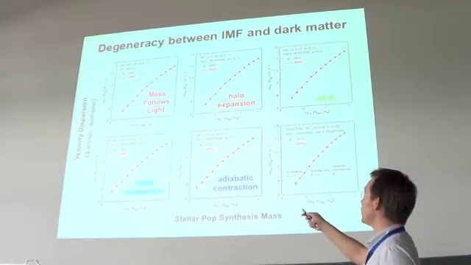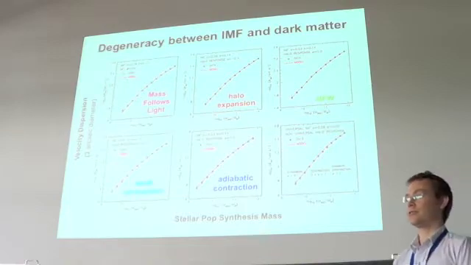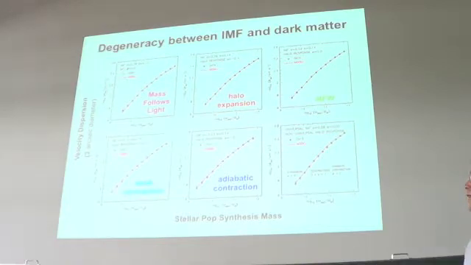The interesting thing is all these models have the same slope, 0.14. So the true stellar mass divided by the SPS mass scale goes like 0.14, and they just have different normalizations. There's a mass-follows-light model, one with halo expansion with NFW halos, some weak contraction, and this is adiabatic contraction. I even tried to concoct a model that had a universal IMF, but had expansion in low mass galaxies and contraction in high mass galaxies, just to see what happened.